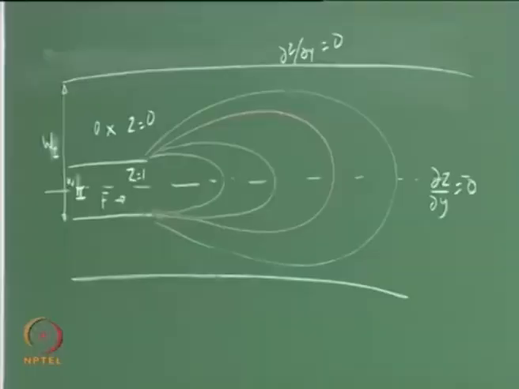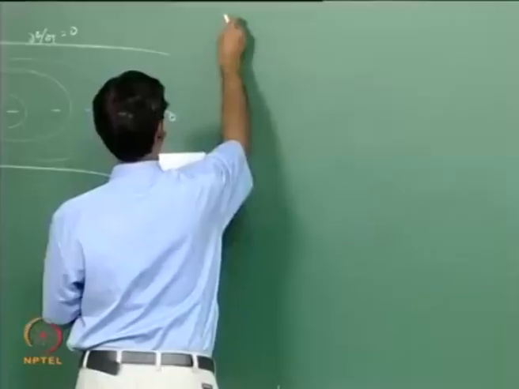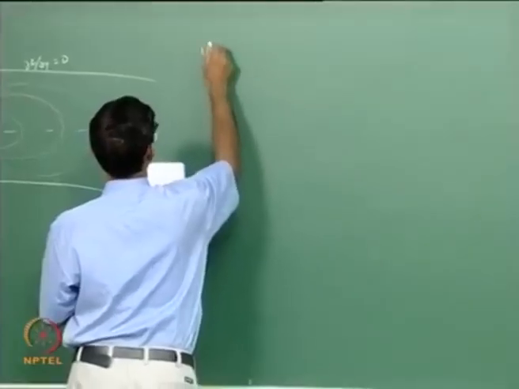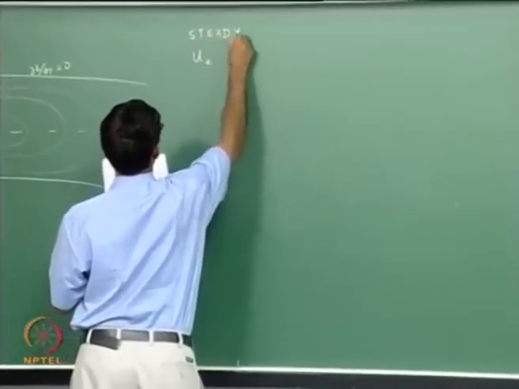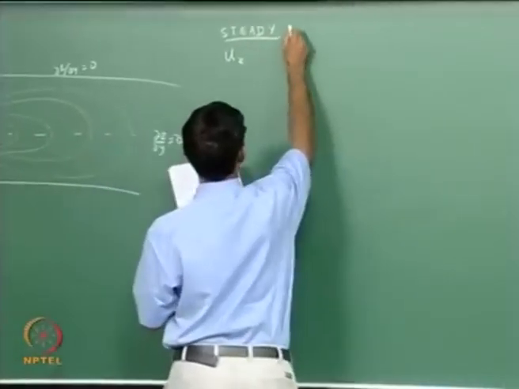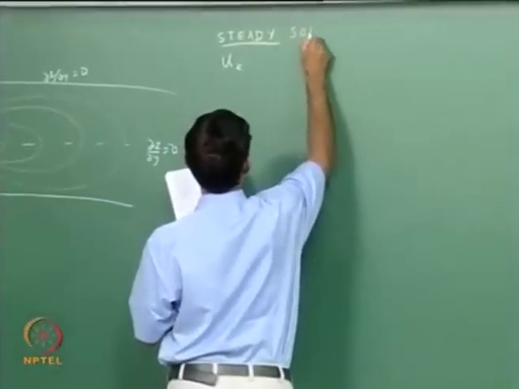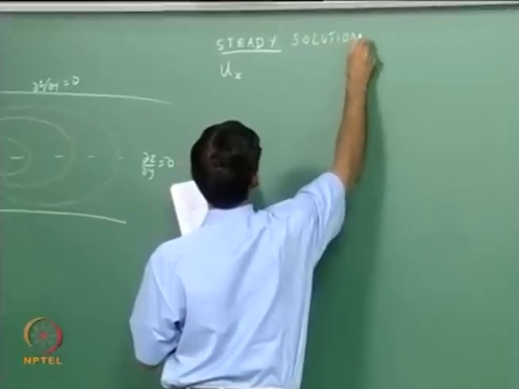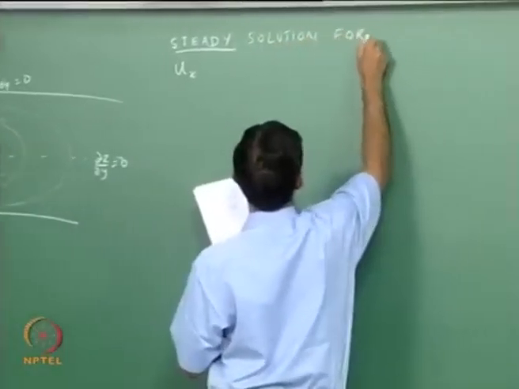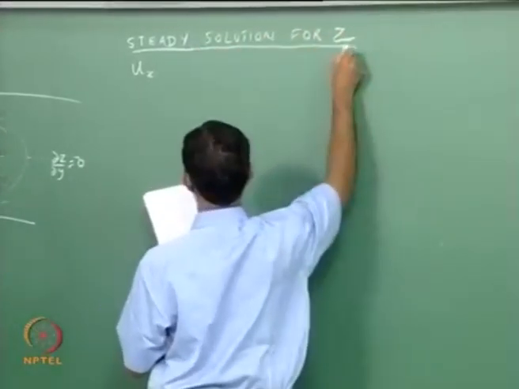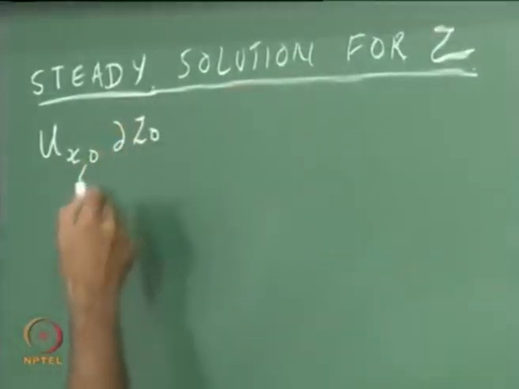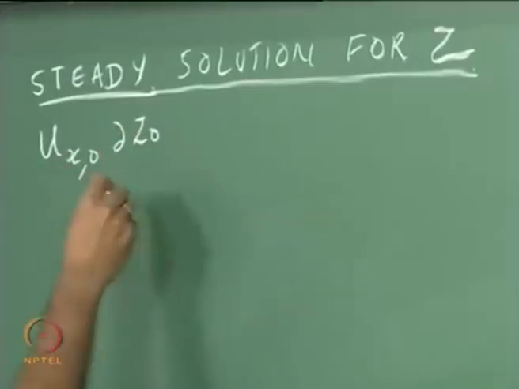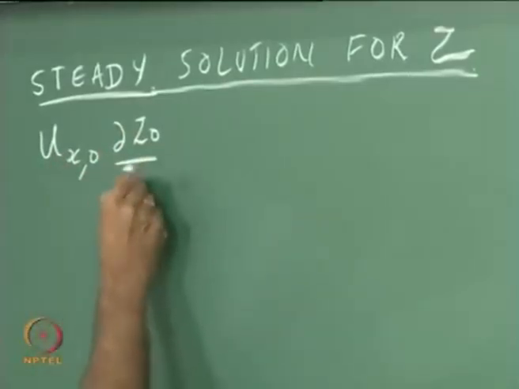Let us start first with the steady part. The governing equation was, so we are solving for the steady solution, following the convection, comma 0 means base flow or steady flow.